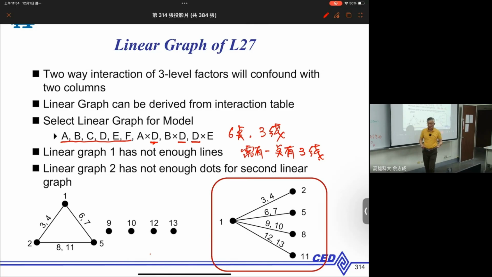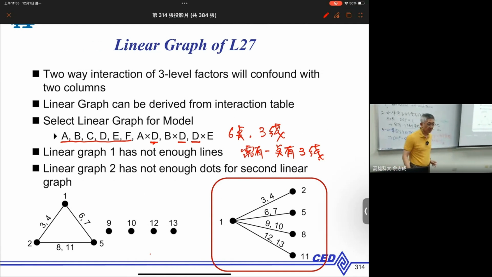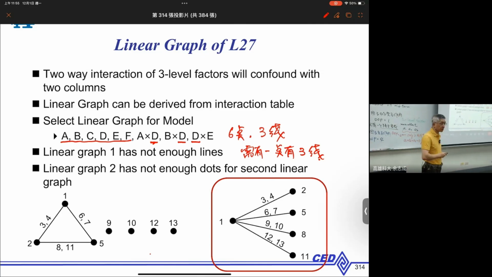But the problem is this linear graph doesn't have enough dots. What do we do? Then we can modify. How do we modify? We only need 3 interactions, but here you have 4 lines, which means one of the lines doesn't need to be used.